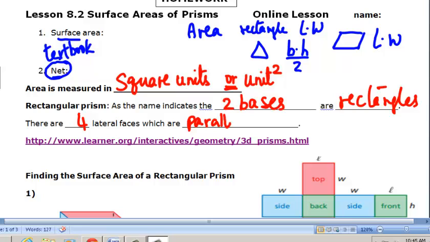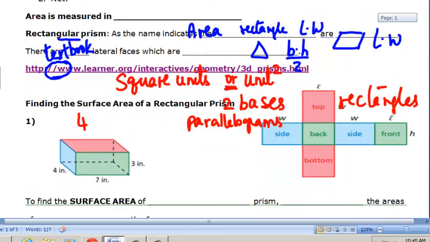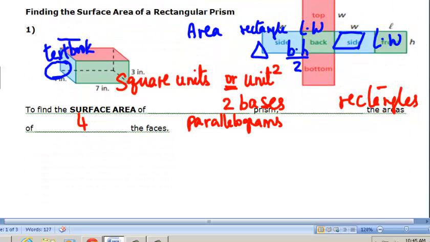In the problem that we are going to do, these parallelograms are rectangles also. Like I said, go to this website. It gives you a good idea of the 3D figures.